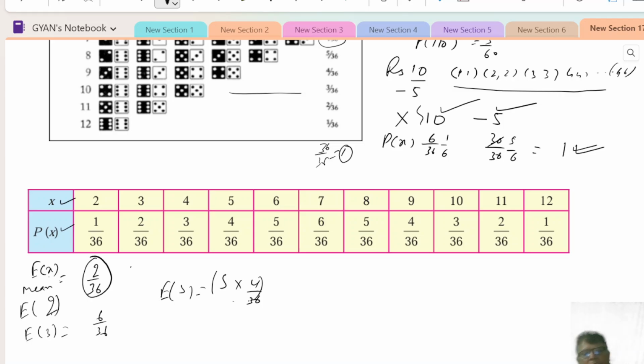So this is called expectation or mean value.